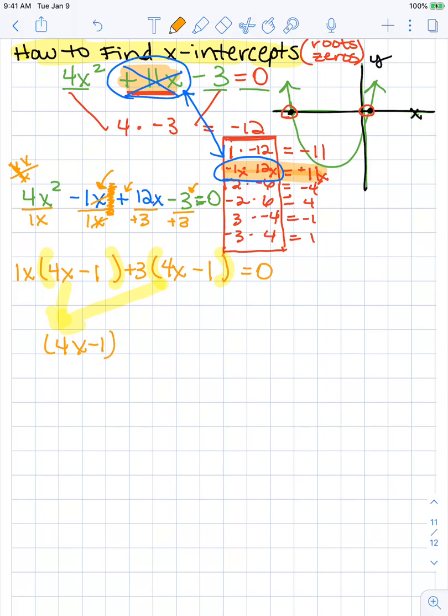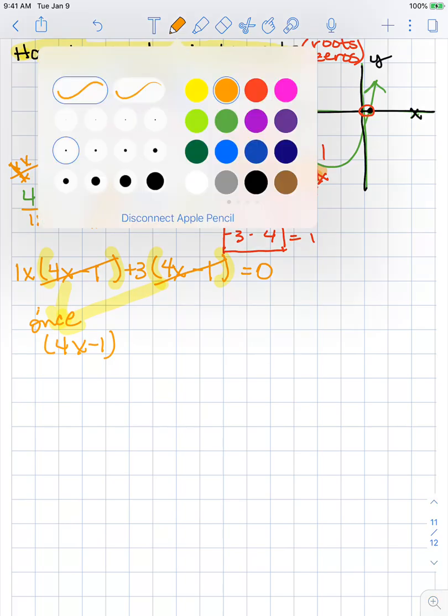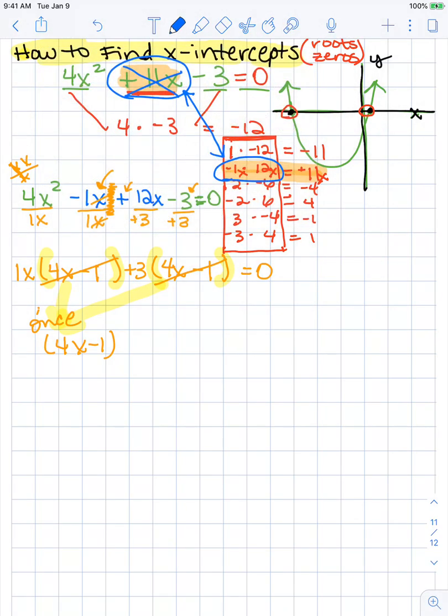I cross it out because it makes it easier to see what's left over. And what I see that's left over is I have a 1x here and a positive 3 here. I'm going to write that in parentheses and say I have a 1x and a 3, and I set this equal to 0.